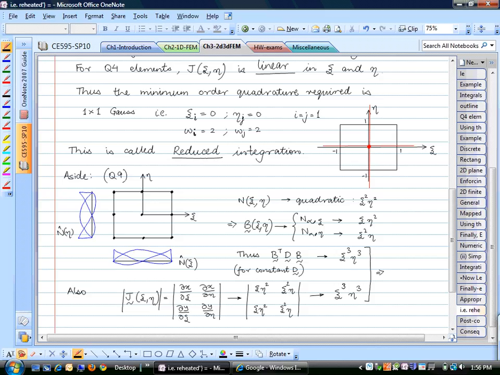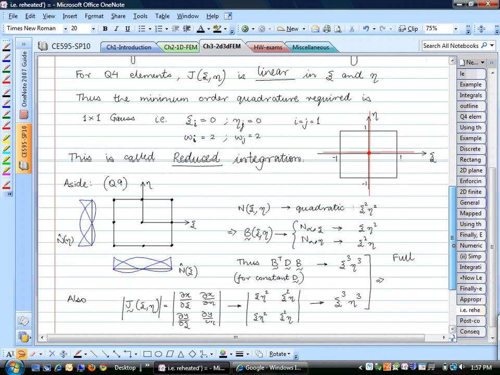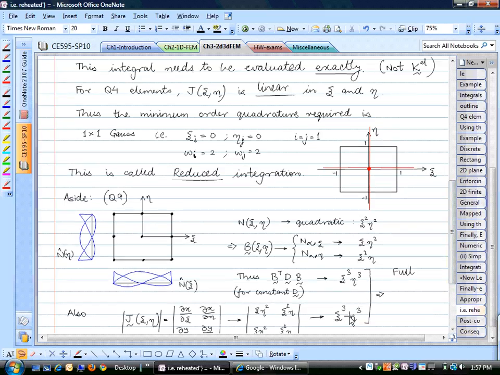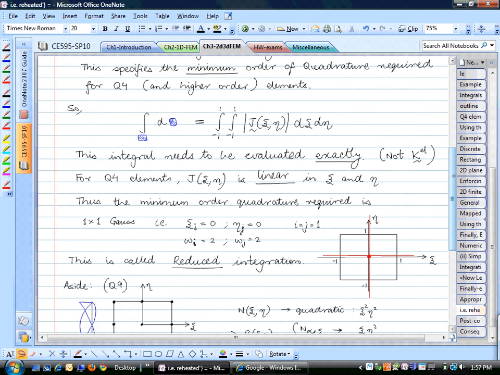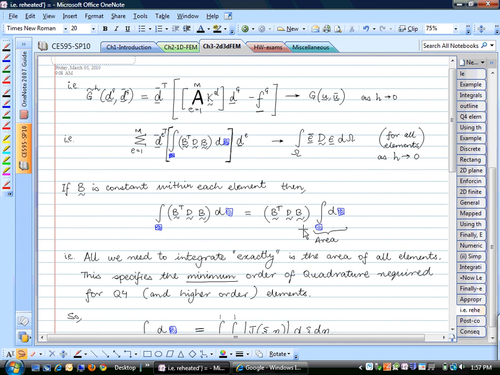So what would be the order of full integration in this case? What would be the order of Gauss quadrature that is required for full integration? If B transpose DB is cubic cubic and J is cubic cubic, so the total order would be 6 in both, right?